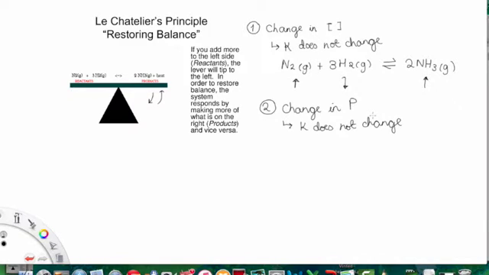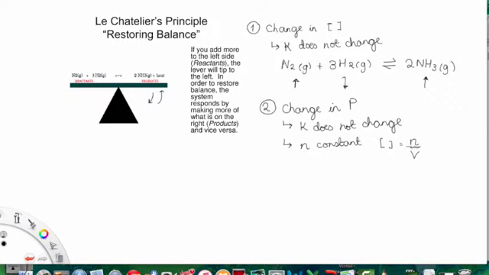But a reaction can respond to minimize the effect of increasing pressure by decreasing volume. Remember that if the number of moles is held constant and concentration is the number of moles over volume, then the concentration would increase by decreasing the volume, right?